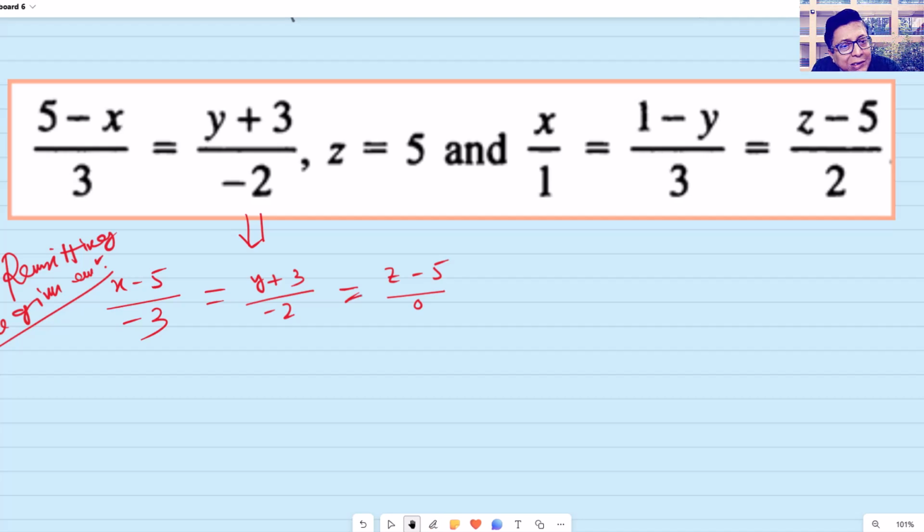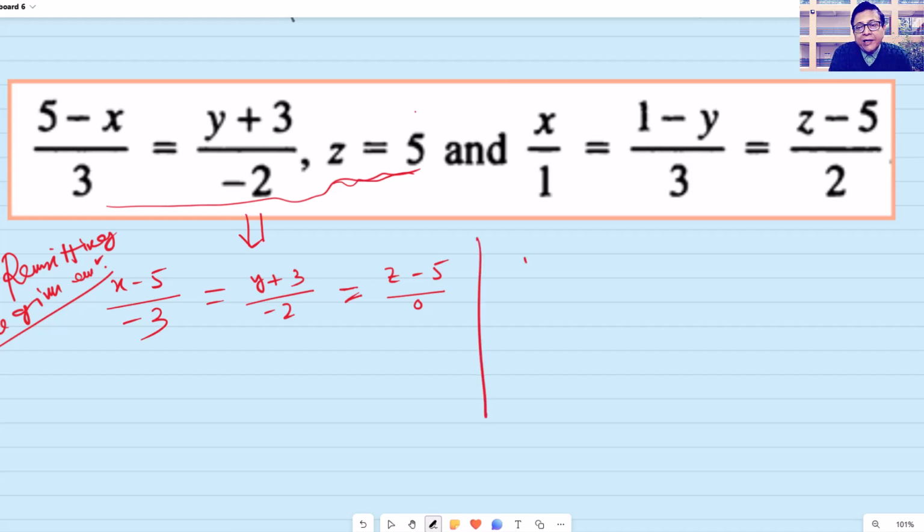You will ask me why 0? Because you are writing direction cosines, no? That gamma may be 90 degrees, so that cos gamma is 0. That's why you write in this manner, and that's why it is given separately. So we compare both these with (z minus 5) by 0. The advantage is you cross multiply with 0 and this form is restored. Clear? So this is our first line.